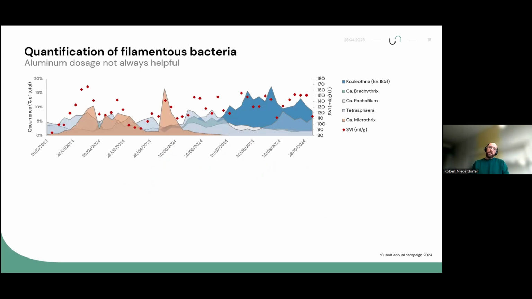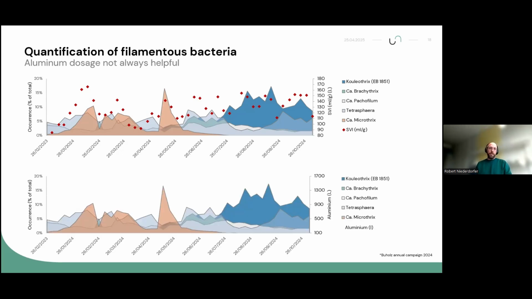The problem is that most wastewater treatment plants don't really look at what bacteria they have. So here we have another wastewater treatment plant. We have the SVI, the sludge volume index, but also the Microthrix. And we see Microthrix is not here anymore in red. It's other bacteria.